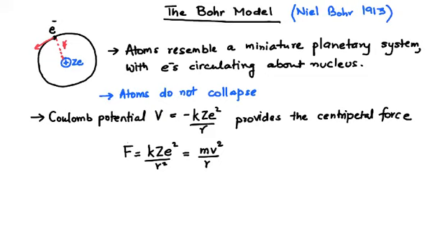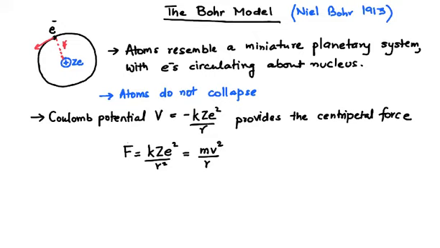Now here, the Coulomb potential V, if you remember from your 1602 class, between an electron and a Ze charge is given by this. And the Coulomb or electrostatic force between the electron and nucleus is k, which is 1 over 4 pi epsilon naught, times Ze squared over r squared.